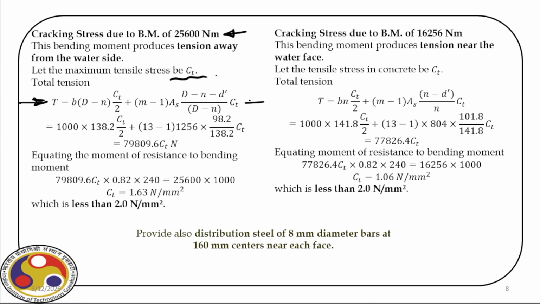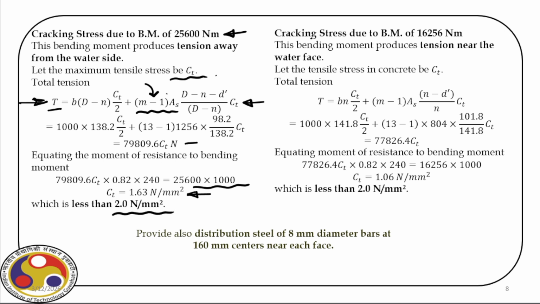If you recall, earlier also we derived this expression where we use the modular ratio to convert the steel area into equivalent concrete area, and from there we get this expression T equal to 79,809.6 CT. So we equate this moment of resistance with the applied moment, 25,600 Newton meter. And then we get CT as 1.63 Newton per millimeter square, which is less than the permissible value of 2 Newton per millimeter square.